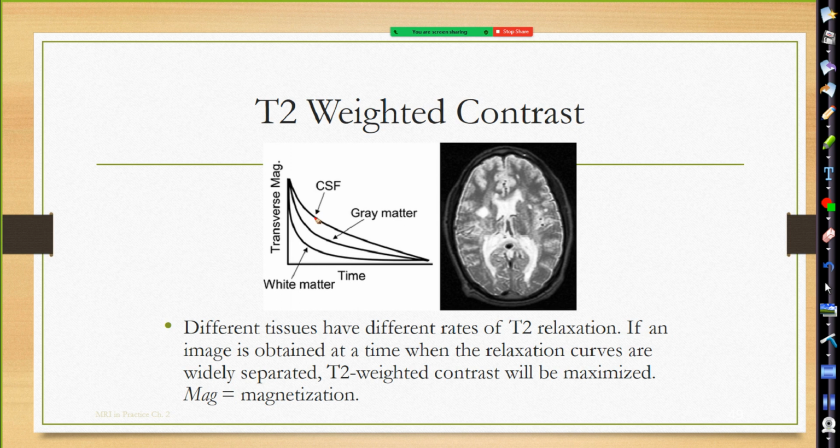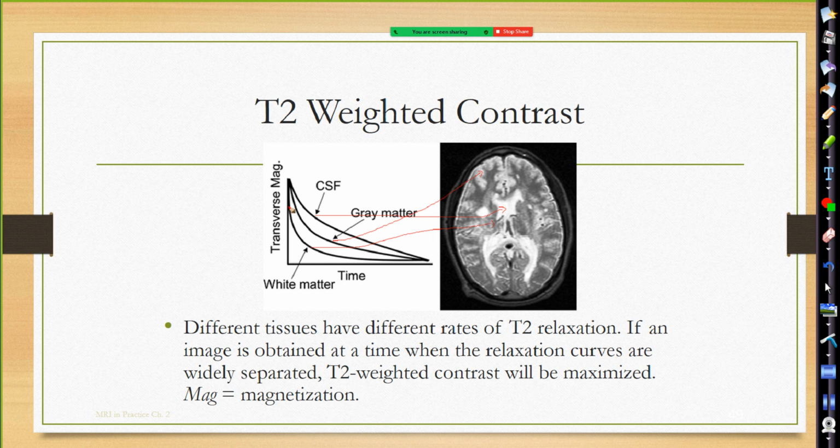So then we can point to that right there in the ventricles. It's bright. Gray matter decays a little bit slower than white matter, so let's go to gray matter. And that's right here. It's a little bit brighter than our white matter, which is a little bit darker. It's close to the ventricles. Okay?